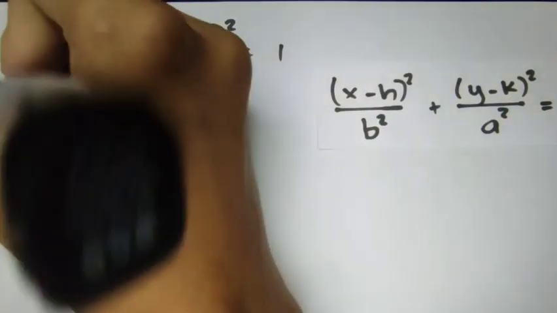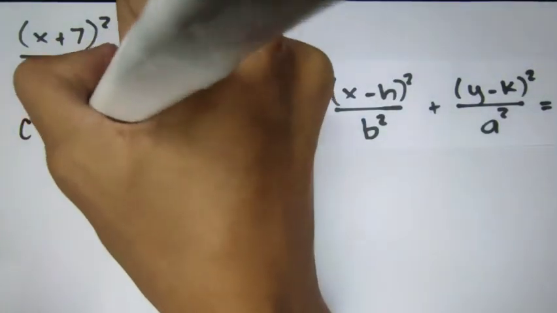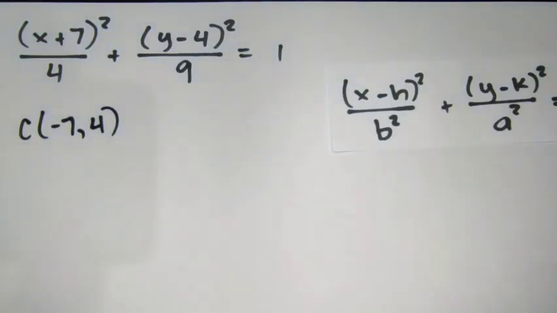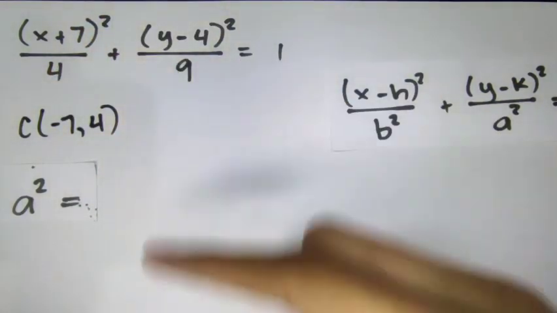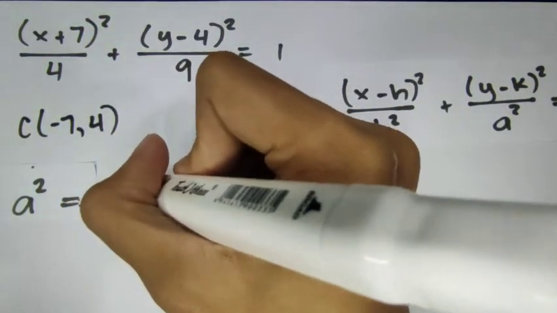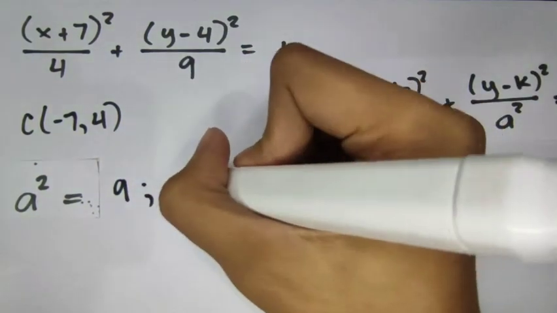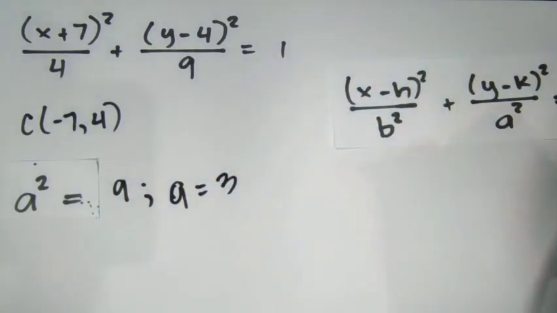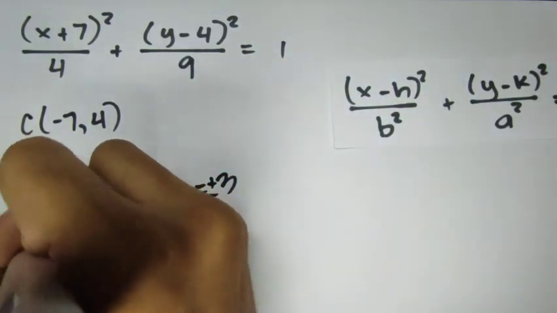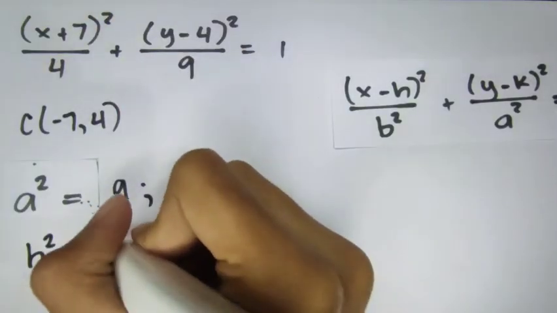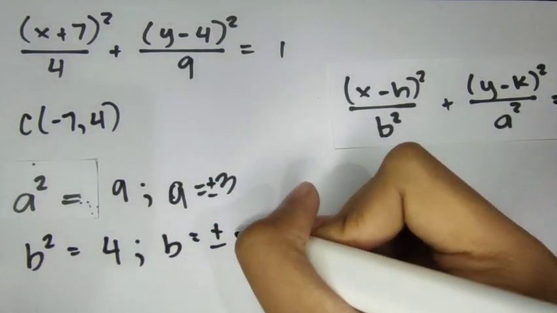So the h and k is making the center at -7 and +4. Since 9 is the bigger denominator, that would be our a squared. Thus, our a is positive and negative 3. Our b squared would be 4. Thus, b is equals to positive and negative 2.